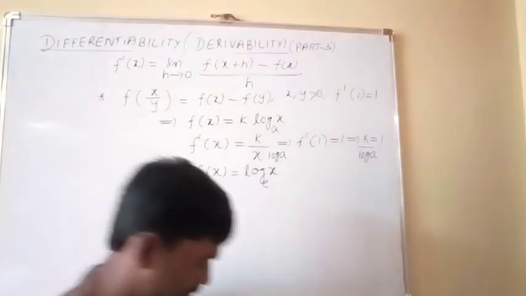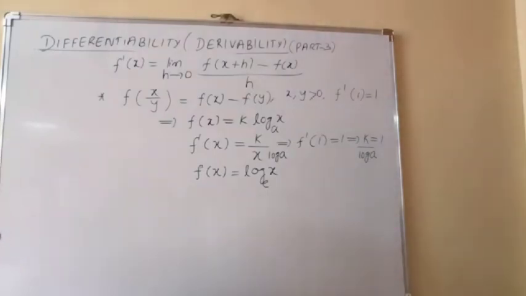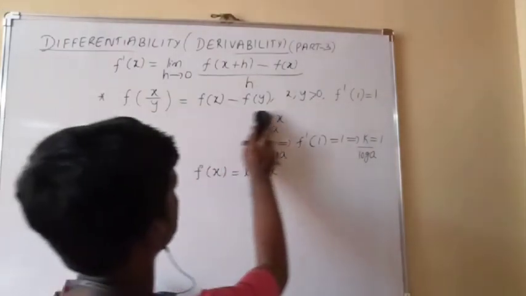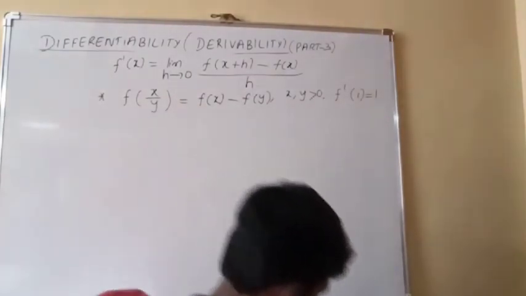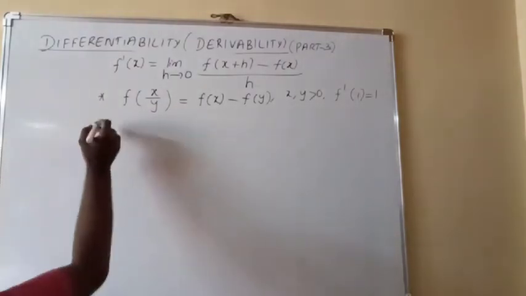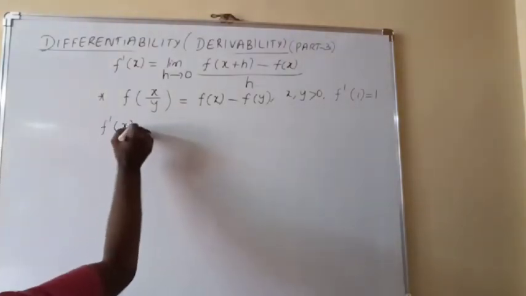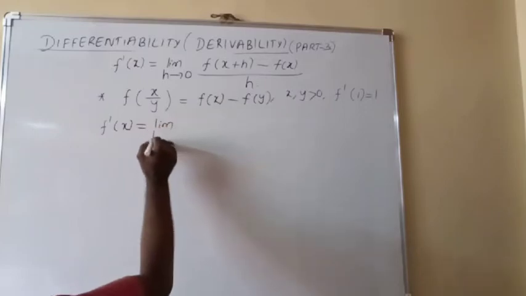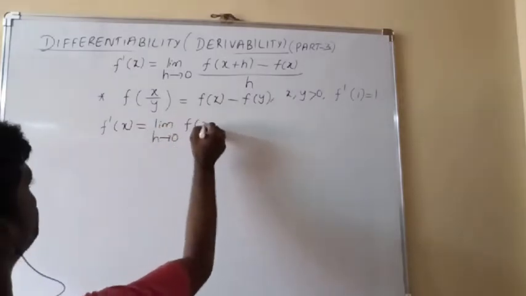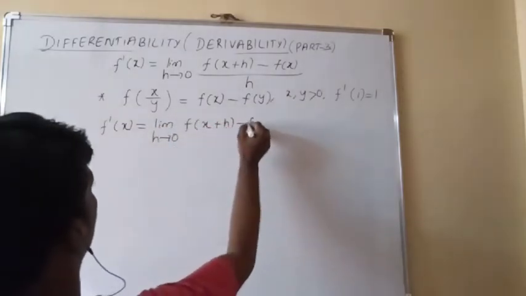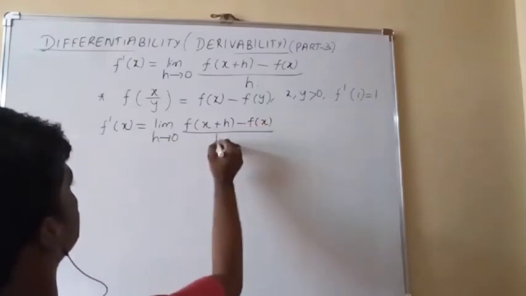Okay. Or using the definition, second method. So consider first the f dash x formula. F dash x formula is what? Limit h tends to 0, f of x plus h minus f of x by h.